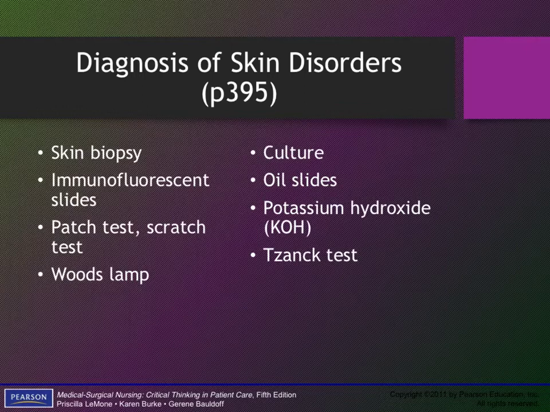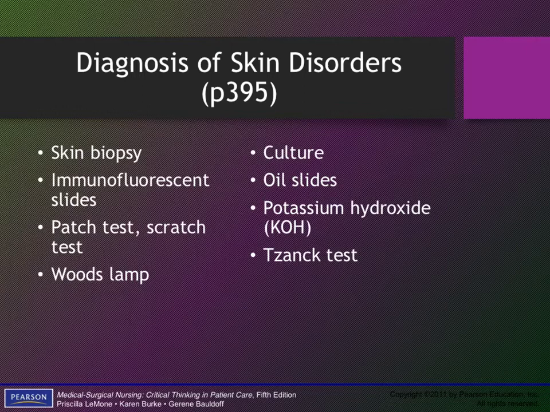The next one that we're going to talk about is the patch test, also known as the scratch test. This is used to determine any specific allergens. A small amount of the suspected material is placed on the skin, and then they put a dressing, usually an occlusive dressing, so that they can see over top of it.